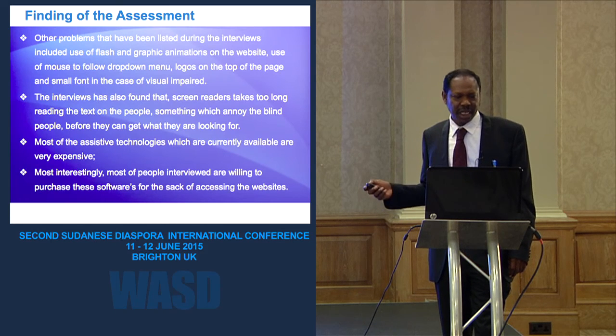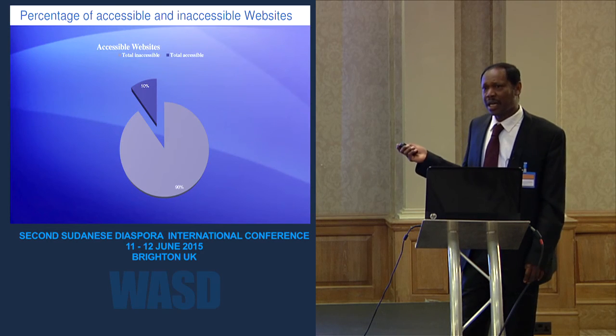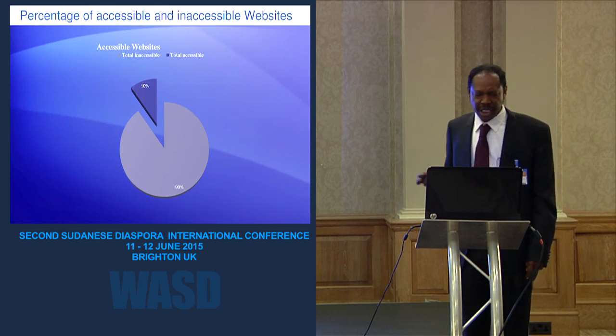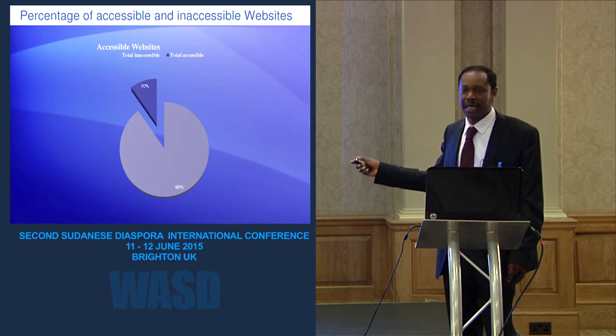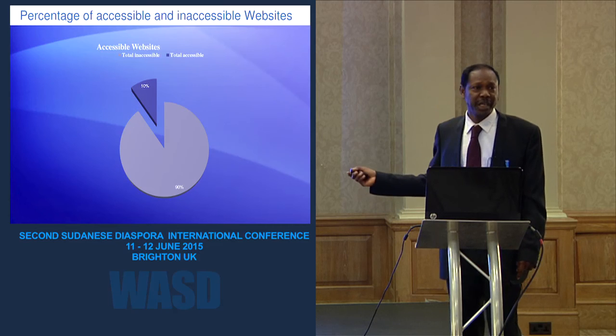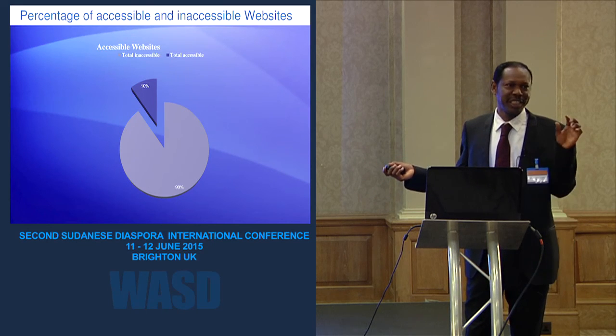So here we try to look at accessibility and non-accessibility. We tested a lot of websites to find out, so you will see clearly the accessible and inaccessible websites. The majority of websites are not accessible for the blind. Accessible only 10%.